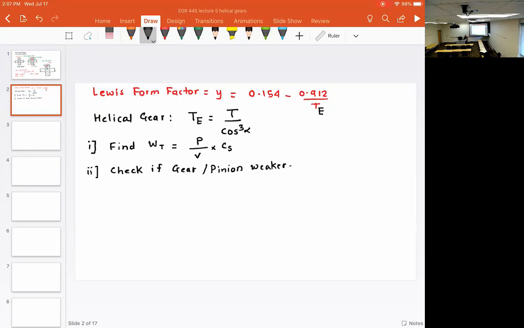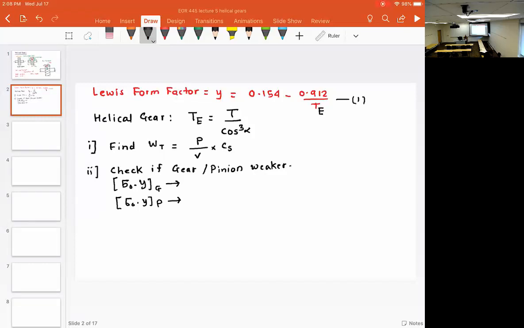To check if the gear is weaker or the pinion is weaker, we have to look at the product of sigma O multiplied by Y for the gear, and we compare that with sigma O times Y for the pinion. But one thing that I want you to notice is that the Y value that we will use here will come from equation 1.